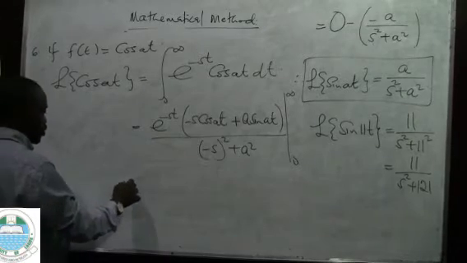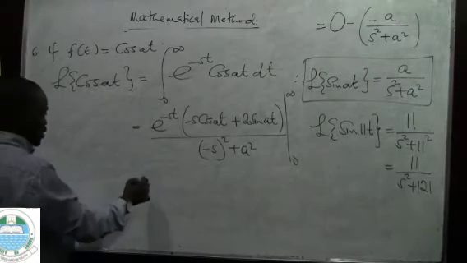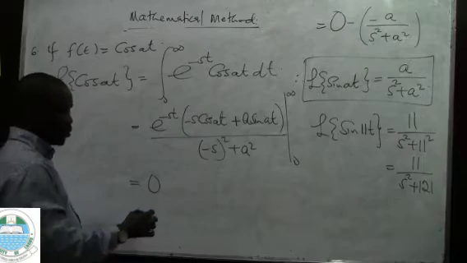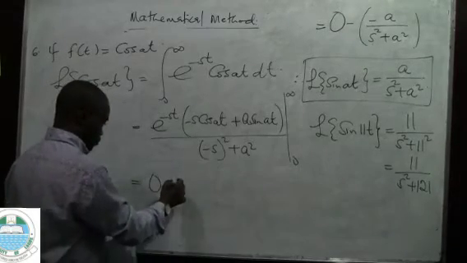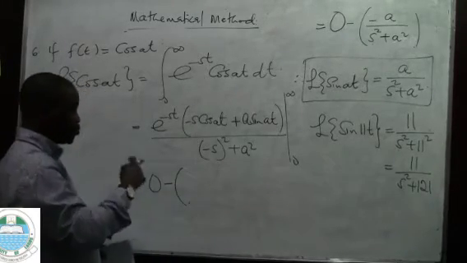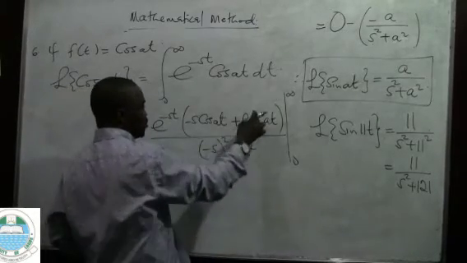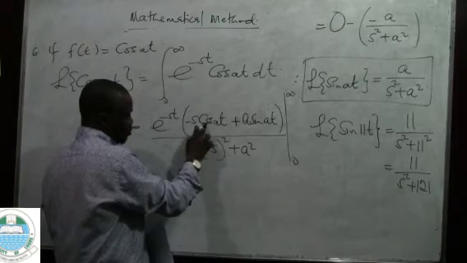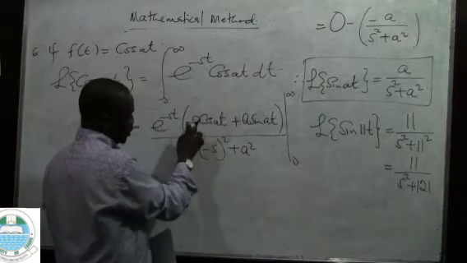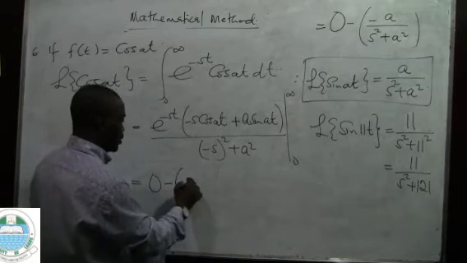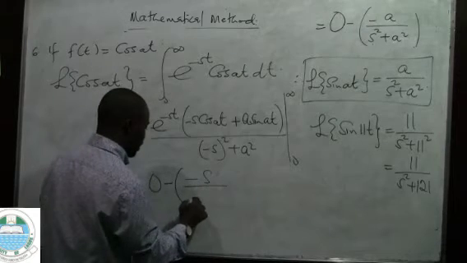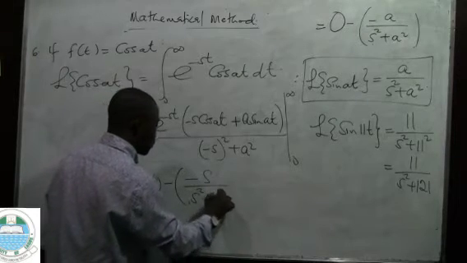With respect to infinity, upon taking the limit as t approaches infinity, we have 0 minus the bracket. With respect to 0, sine 0 is 0, and what I have here is cos 0, which is 1. 1 multiplied by minus s will give us minus s divided by s squared plus a squared.